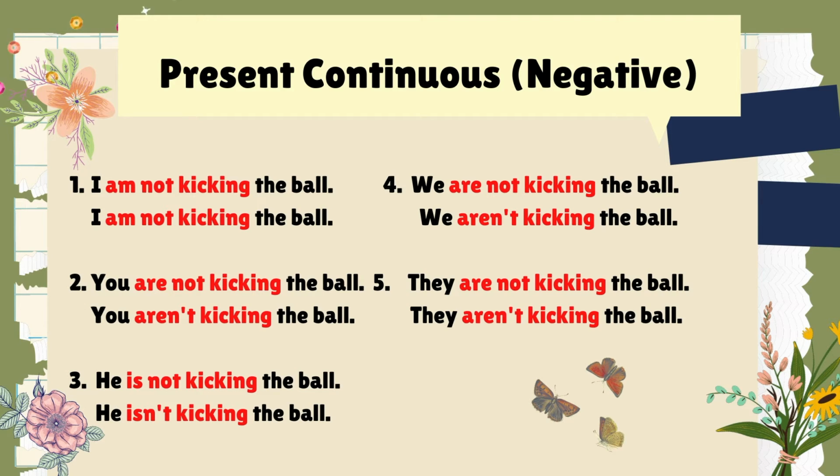Number 3, he is not kicking the ball. He isn't kicking the ball. Number 4, we are not kicking the ball. We aren't kicking the ball. They are not kicking the ball. They aren't kicking the ball. So this is how you write the full form and the short form for present continuous negative.